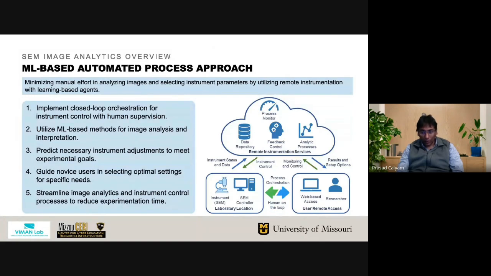And then this whole remote instrumentation services streamlines the analytics and the instrument control and gives all those benefits we talked about, right, to make it more sustainable and also reduce the time and trial and error. So in a nutshell, these are the research goals or aims that we're trying to achieve to solve the problem of CNT manufacturing.